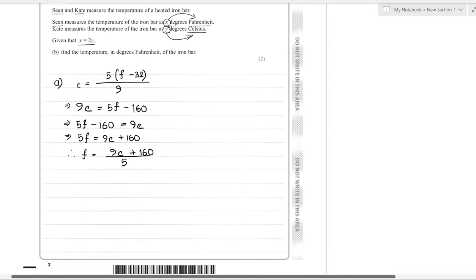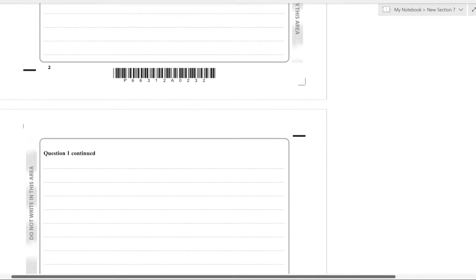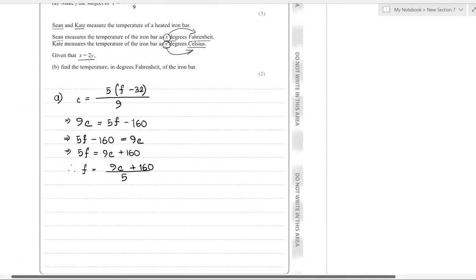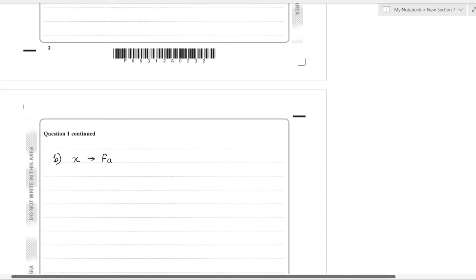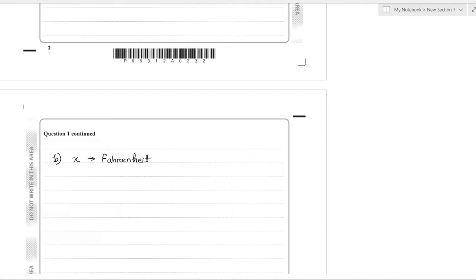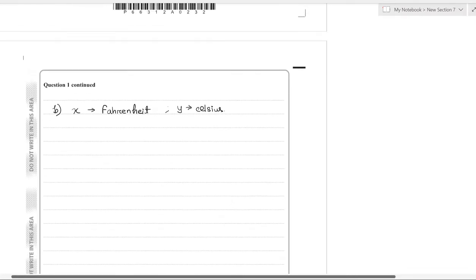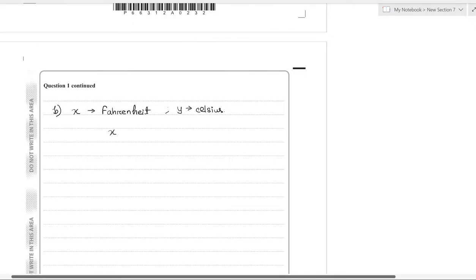So let us take information from the equation first. Moving to this page. X was in Fahrenheit, and Y was in Celsius. There was also a given equation that was X equals 2Y.